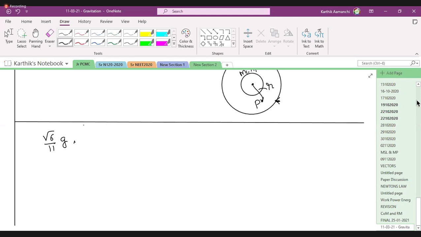You need to find the escape velocity of the planet. Mass density of the planet is given, no? Yes, sir, 2 by 3 times the mass density of the Earth. So from that, what can you get?